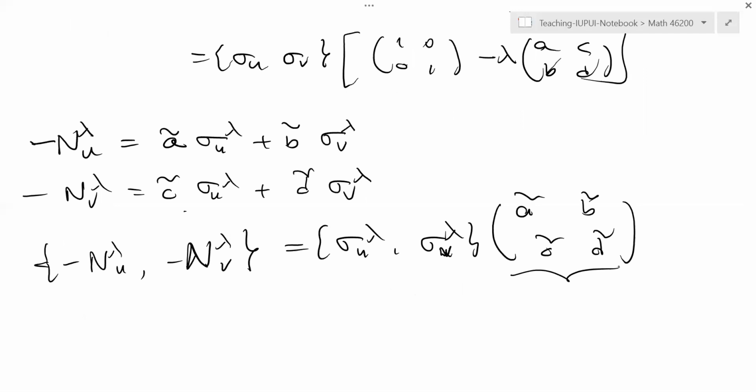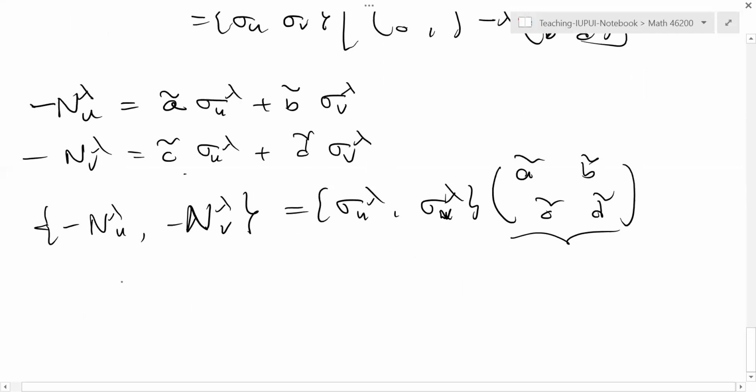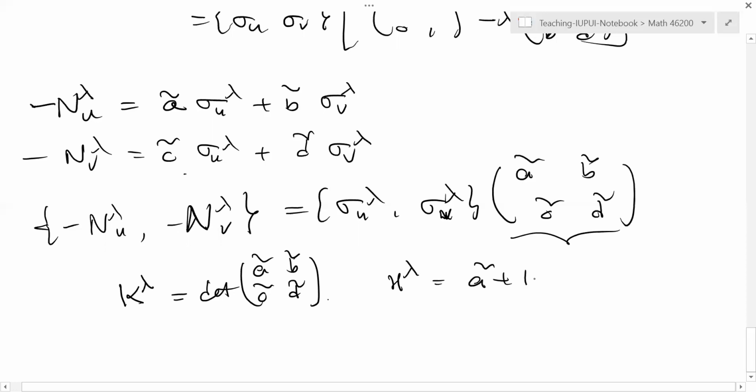The Gaussian curvature K lambda is going to be the determinant, and the mean curvature of the surface is the trace of that, and then we divide by 2.